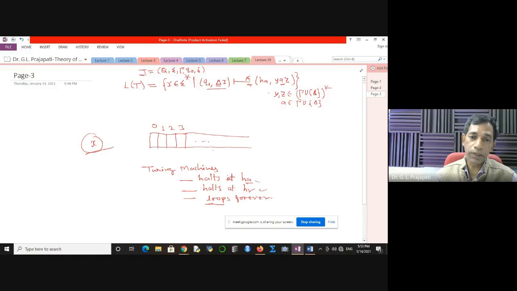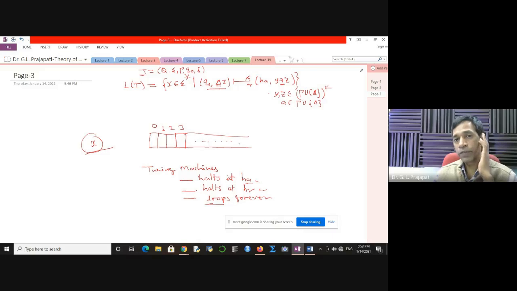As you see, the tape is infinite on the right side, so it may loop forever for some input. So in the case of the Turing machine, we have three situations. One is that the Turing machine explicitly decides that yes, it is in the language, the computation is over successfully, and it goes to the HA state.